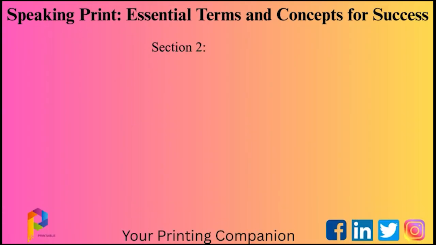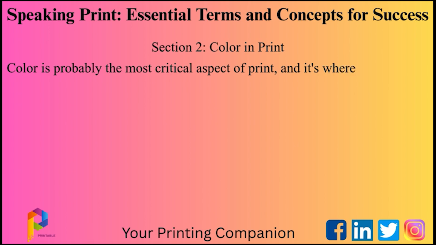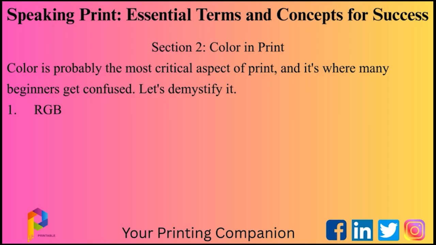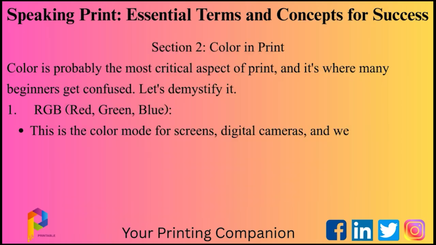Section 2, Color in print. Color is probably the most critical aspect of print, and it's where many beginners get confused. Let's demystify it. RGB, red, green, blue. This is the color mode of screens, digital cameras, and web content.